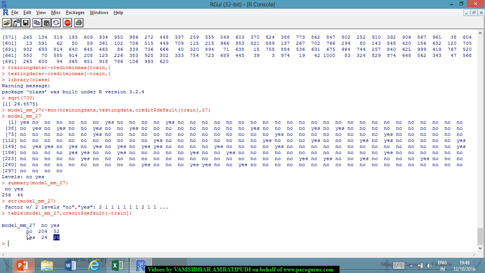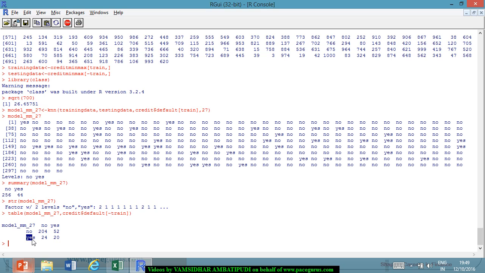Whereas look at the other numbers. This 52, your model has said they will not default, but in reality they are going to default, which is going to be a pretty heavy expense for you, right? Whereas this one, your model said that they will default, but in reality they have not defaulted.